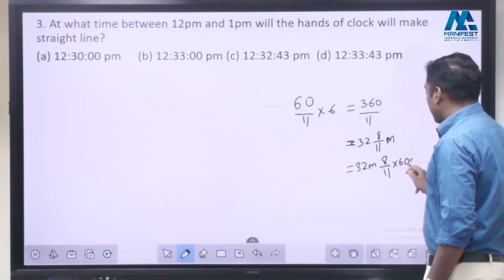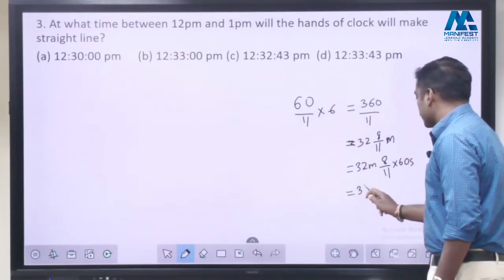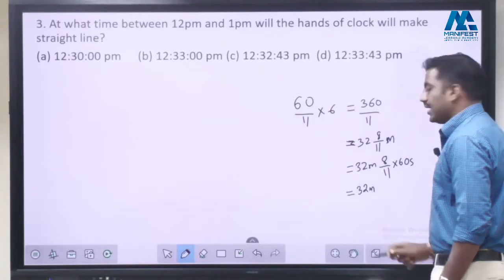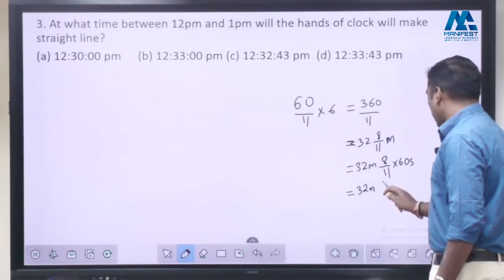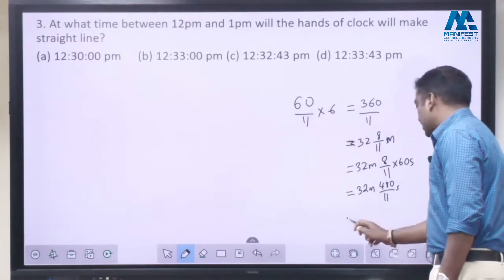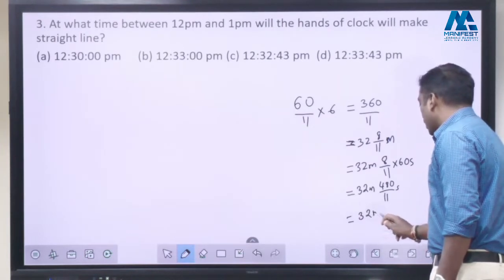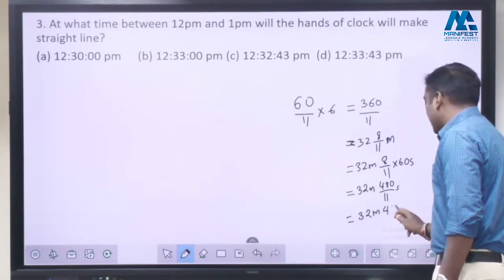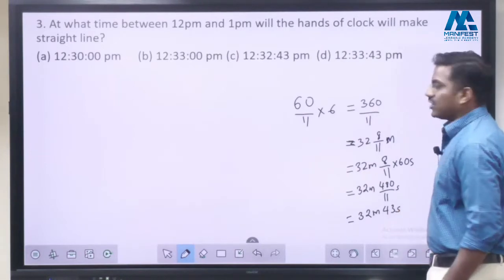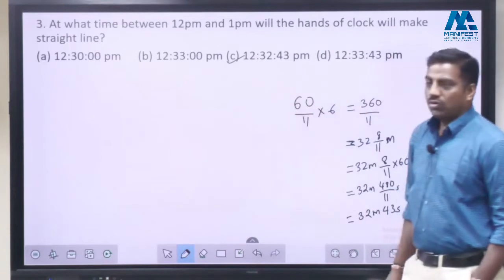Instead of a minute, I am taking 60 seconds. So this is 32 minutes and 480 divided by 11 seconds. 11 fours are 44, 11 threes are 33. So 32 minutes, 43 seconds. So look at the time: 12:32:43.